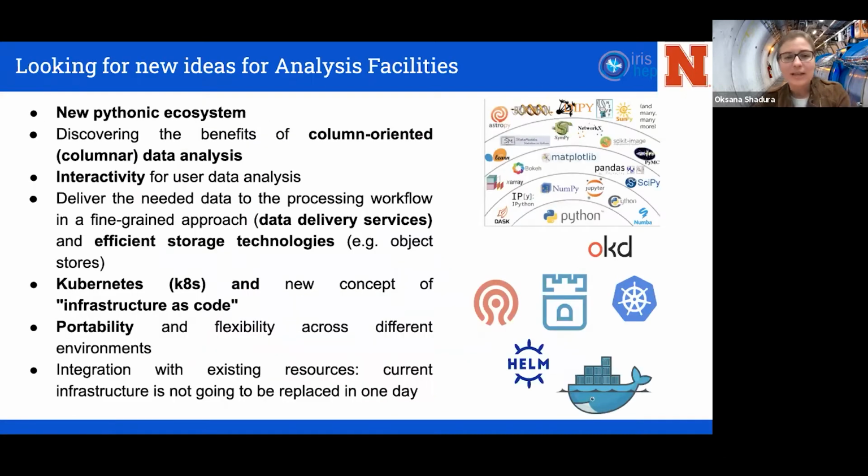What we were looking for are new ideas for analysis facilities, for the place where physicists will be doing the analysis. First thing, we would like to investigate the new Pythonic ecosystem, because initially high energy physics was more C++ based historically.